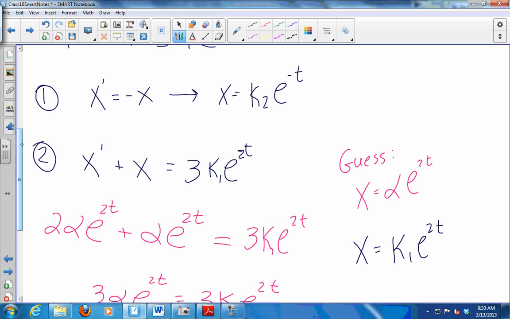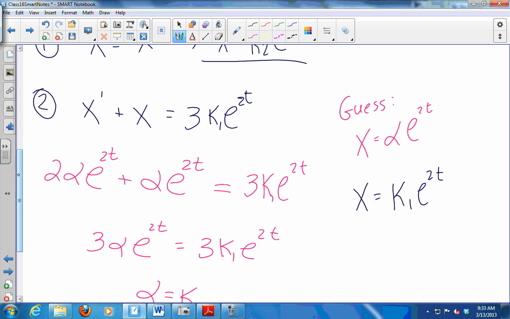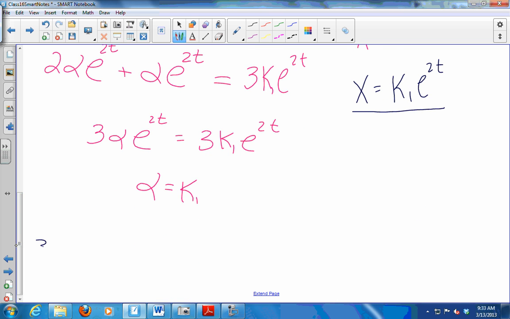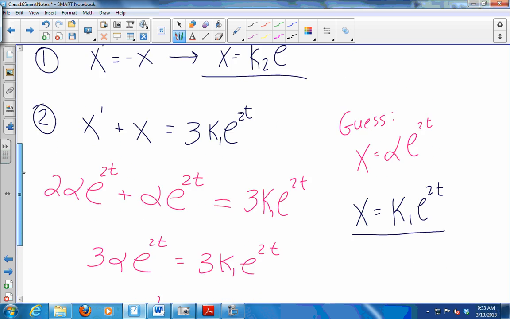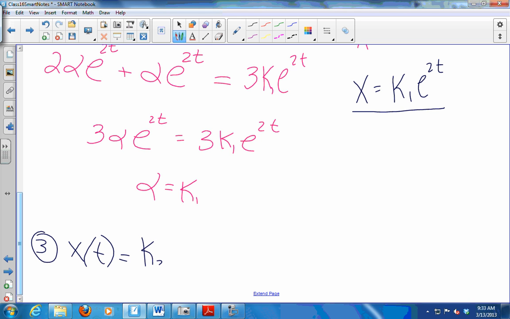So I have my homogeneous solution, my particular solution, add them together, and you get the general solution for x of t. So it's k2 e to the negative t plus k1 e to the 2t.